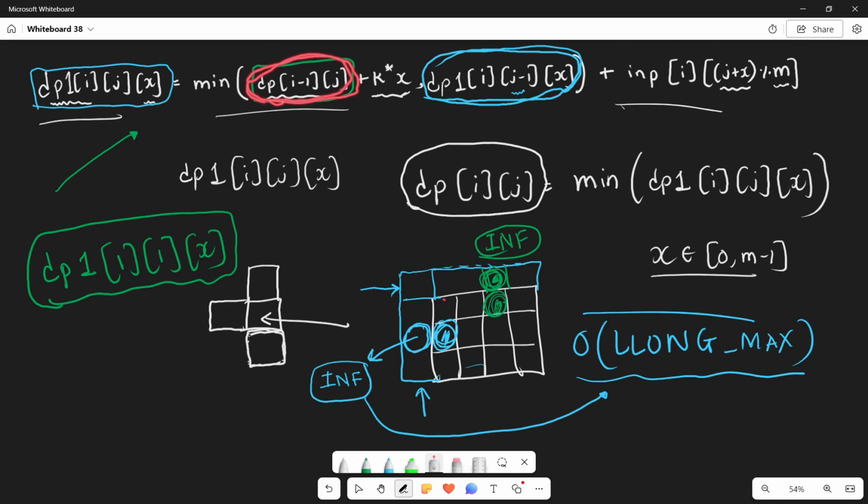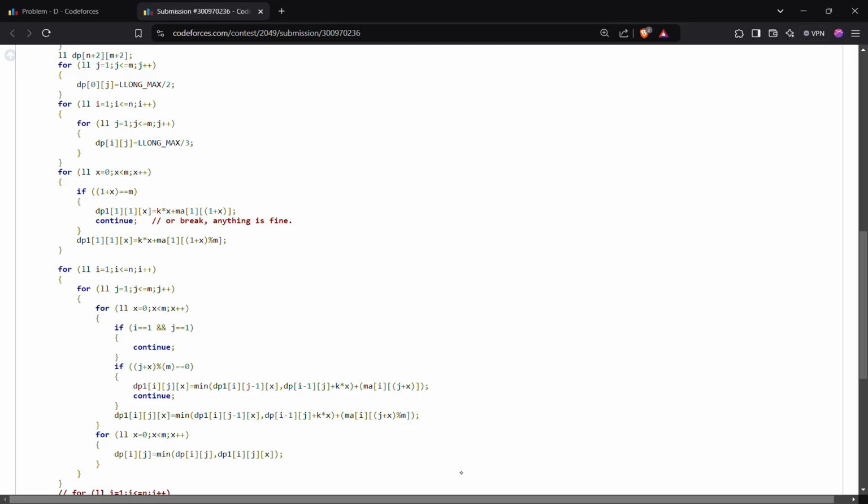You are trying to calculate the value for this cell, so this value is initialized to infinity and this value is also initialized to infinity. Then the minimum of infinity plus something will be of order infinity. It will be a much bigger value, but that is not the case, so it is practically not infinity. For that you have to calculate all the dp1 of 1, 1 values separately. Makes sense? Yes, it does.